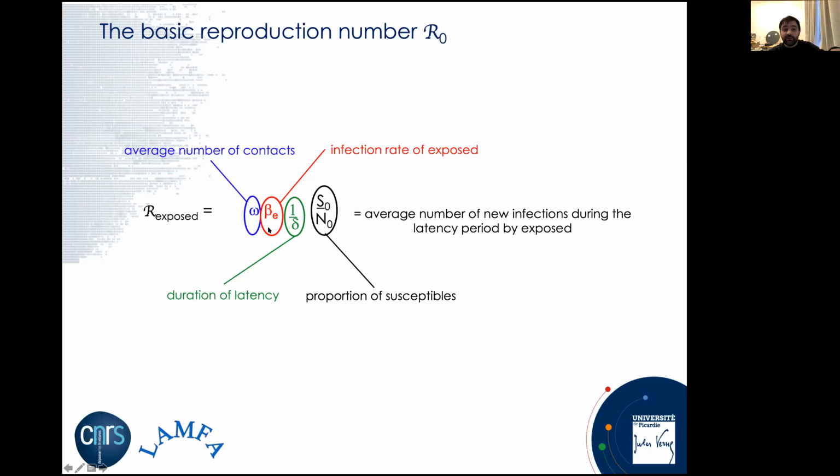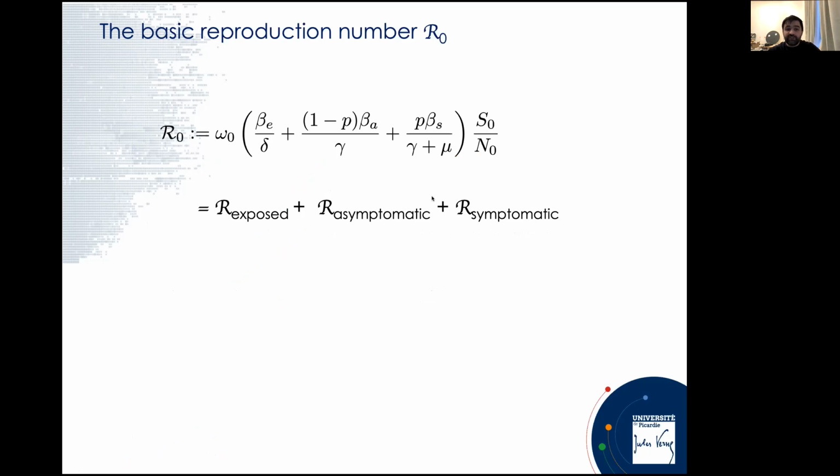So this value represents the average number of new infections during the latency period caused by an exposed individual. The same for this one: the average number of infections due to the asymptomatic, and the average number due to the symptomatic.